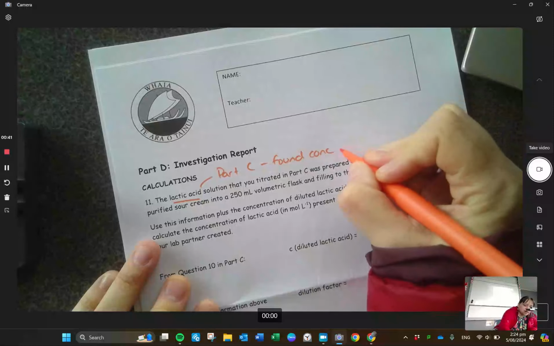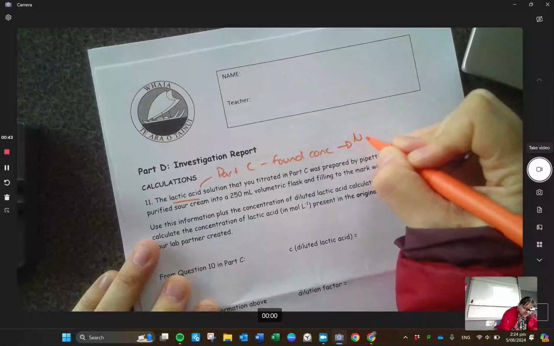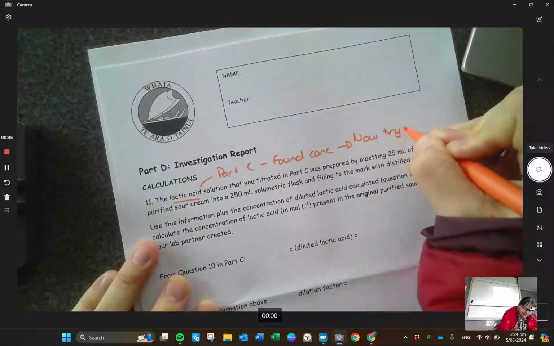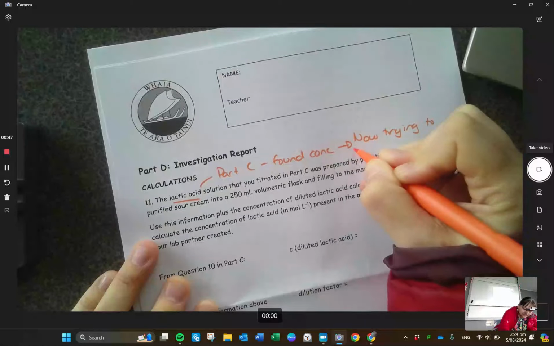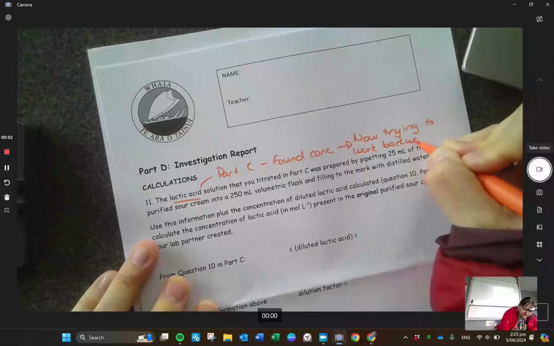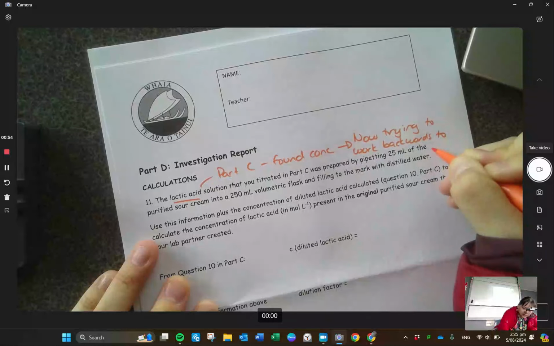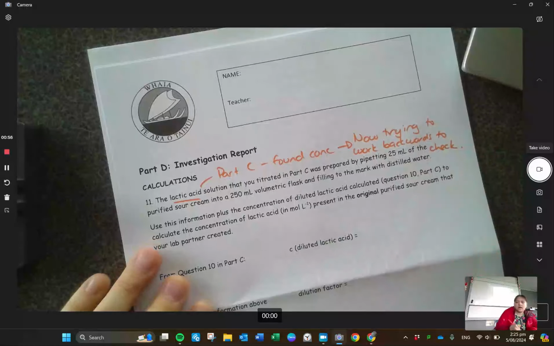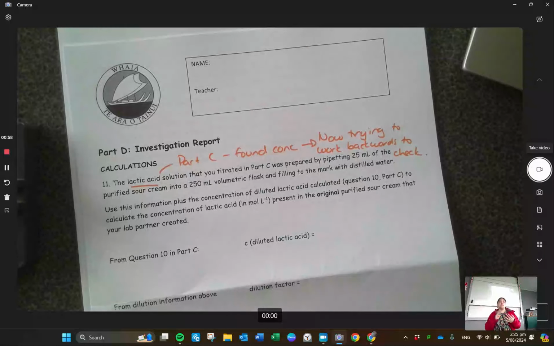And now we're trying to work backwards to check whatever the manufacturer has claimed, or what the technician has claimed when they purified it.